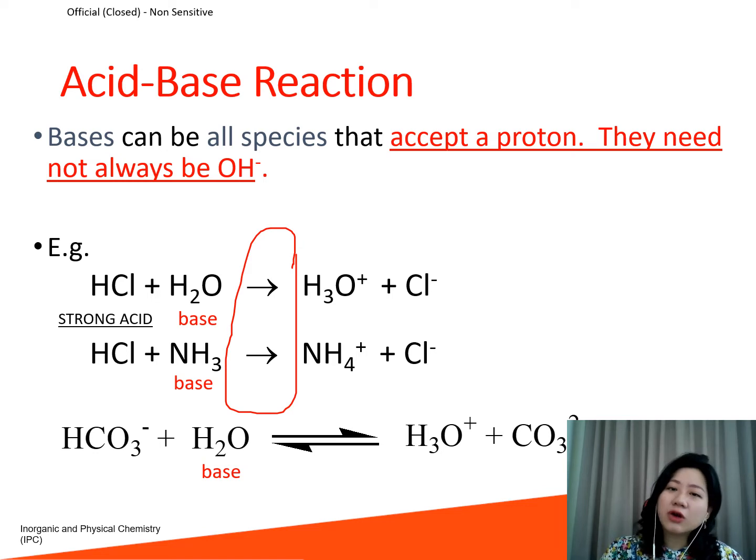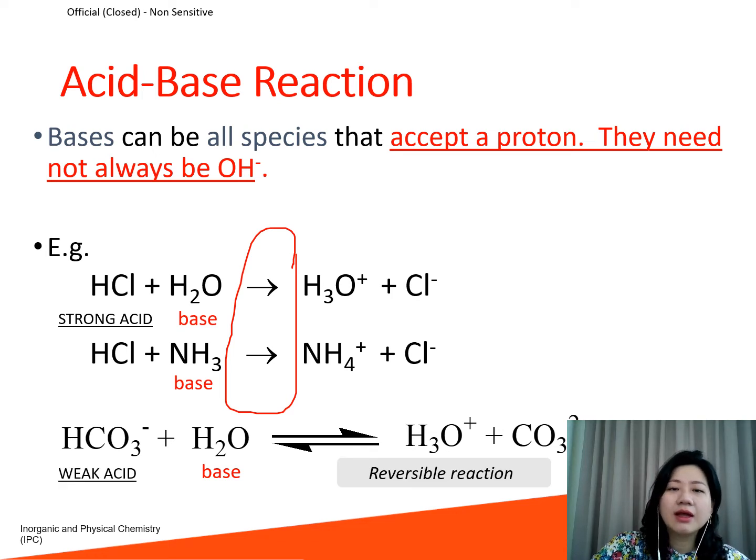When either a strong acid or strong base is involved, the reaction is irreversible. On the other hand, the bicarbonate ion is a very weak acid. In fact, it often acts as a base instead. Water is also a very weak base, and in fact, we usually don't even think of water as a base. When a weak acid reacts with a weak base, the reaction is reversible.